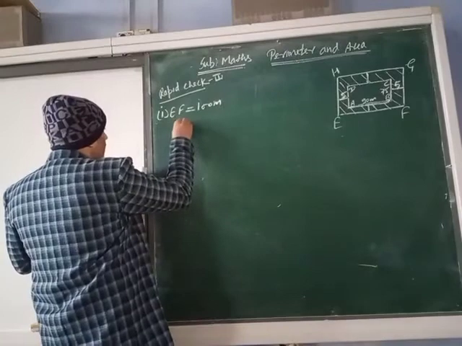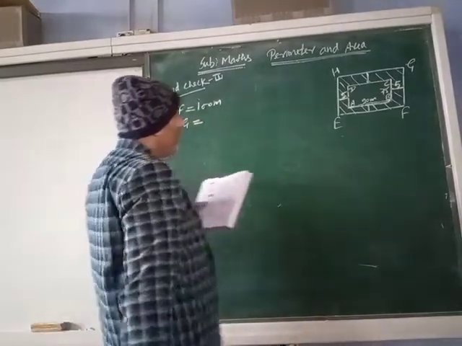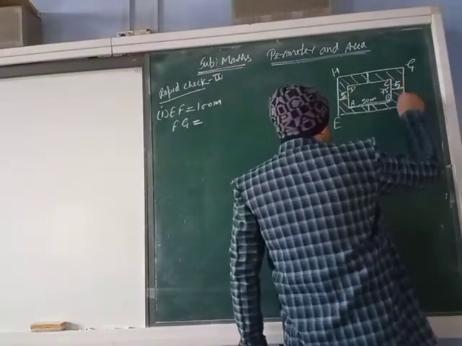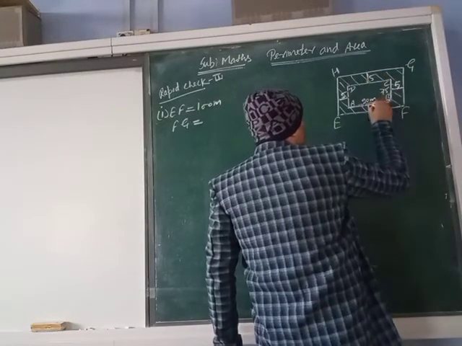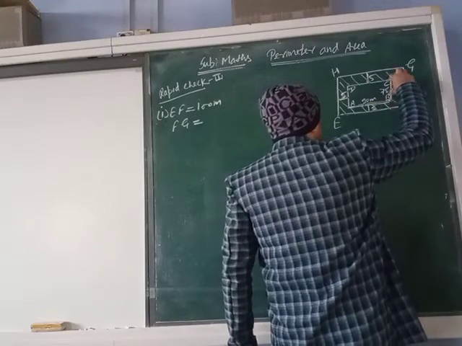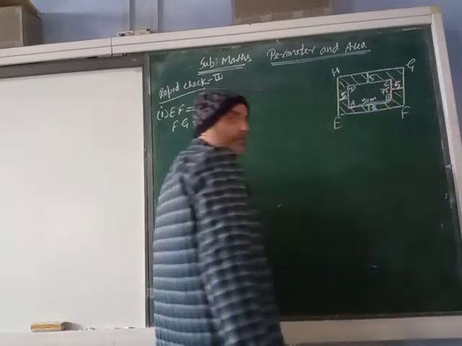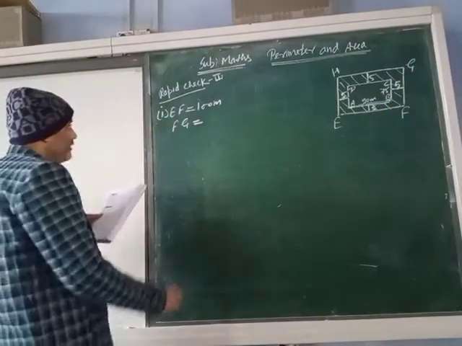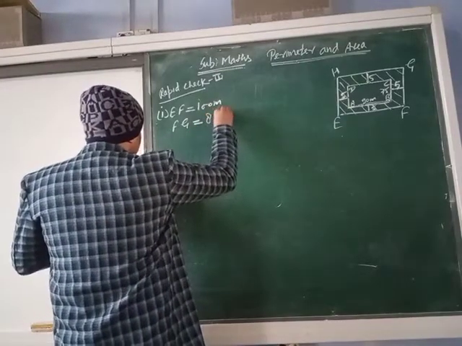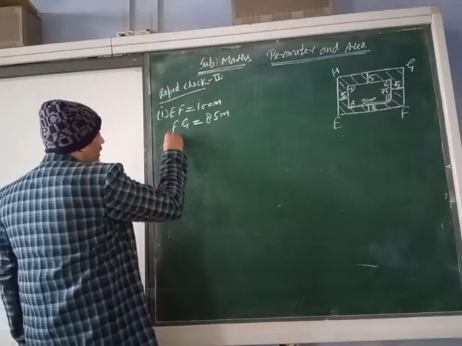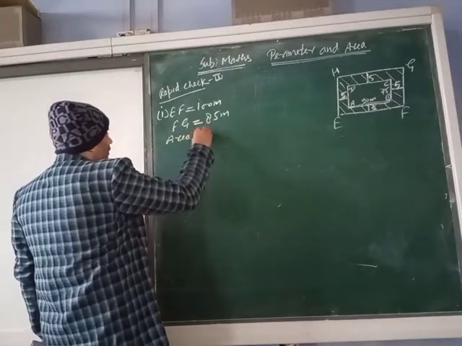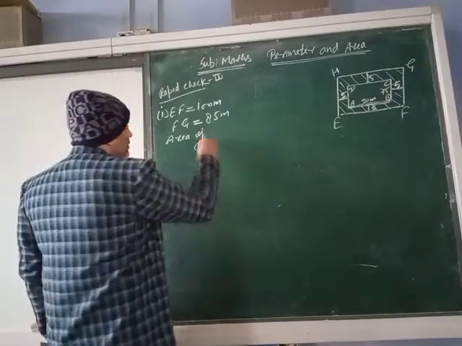Then the length of FG. What is FG? This one. You know this is 75, this is 5 and this is also 5. 75, 5, 80, and 5, 85. So the answer is 85 meter. And also find the area of EFGH.